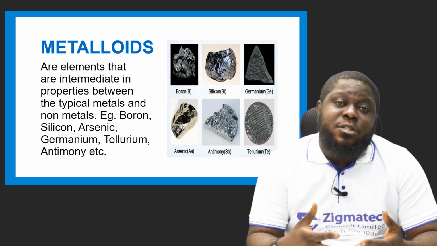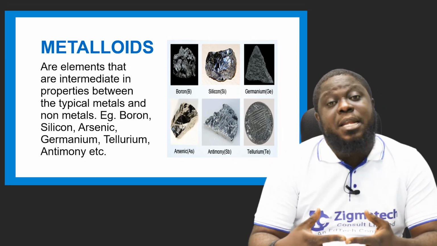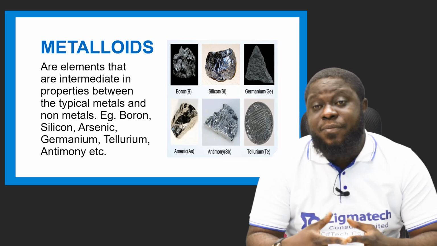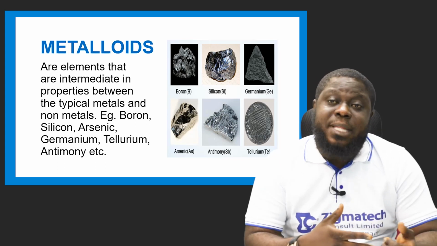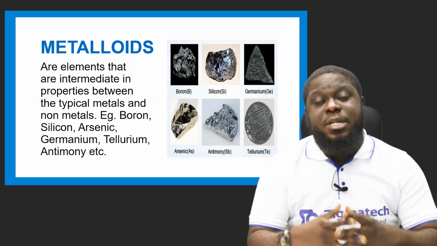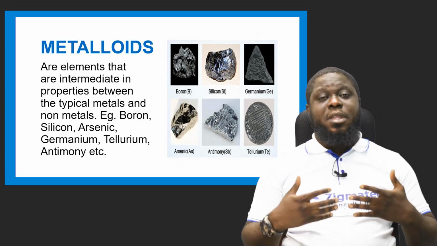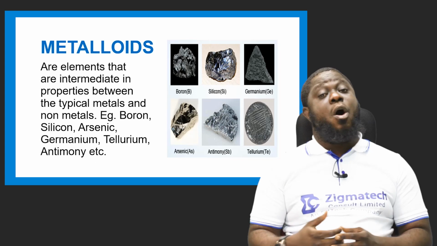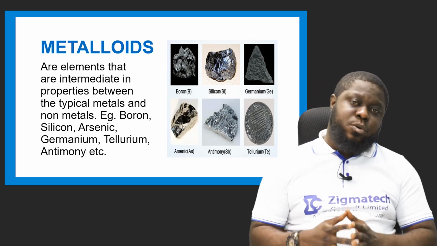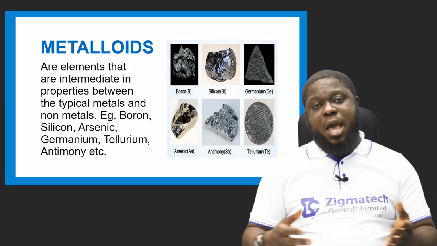If they react with a metal, they can be classified as a metal. If they react with non-metals, then they are non-metals. So their reaction with these other metals determines where they belong. Like I said, they are in the middle. They are neither here nor here.